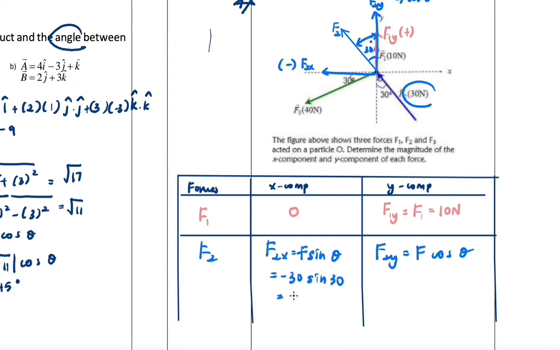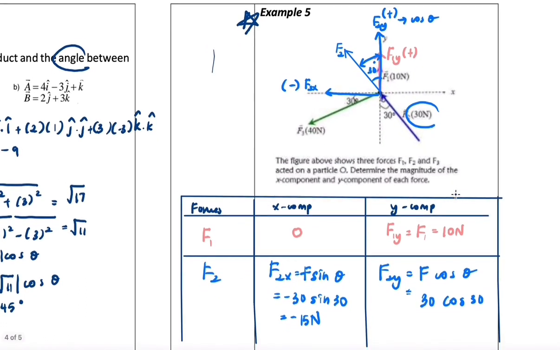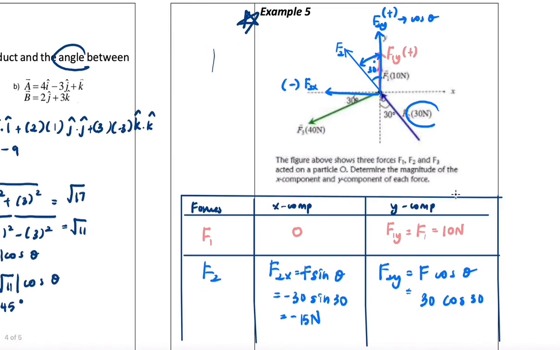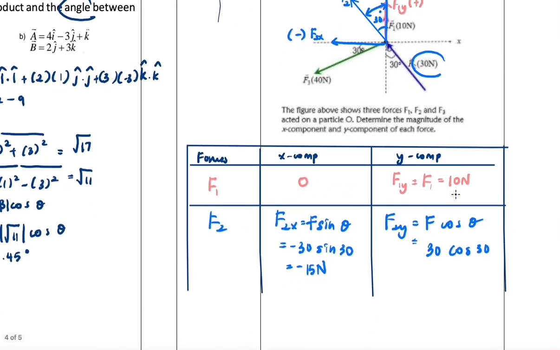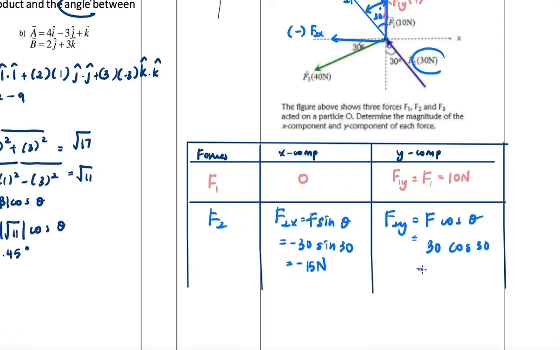So we will get F2x equals to negative 15 Newton. Untuk F2y pula F kita equals to 30, tapi dia adalah positif because it's moving upwards, and cos 30 degree. Y adalah cos sebab angle kita dikepit oleh vector F dengan y axis. So when you press your calculator, you akan dapat 25.9 Newton.